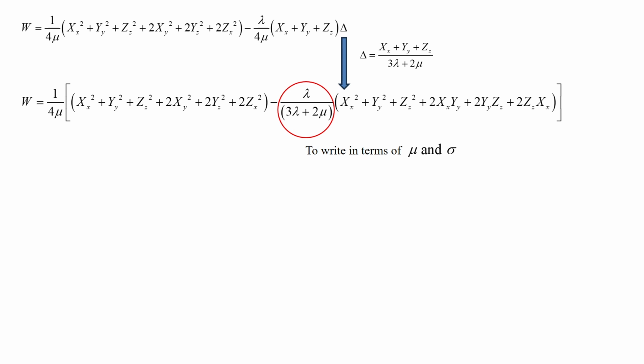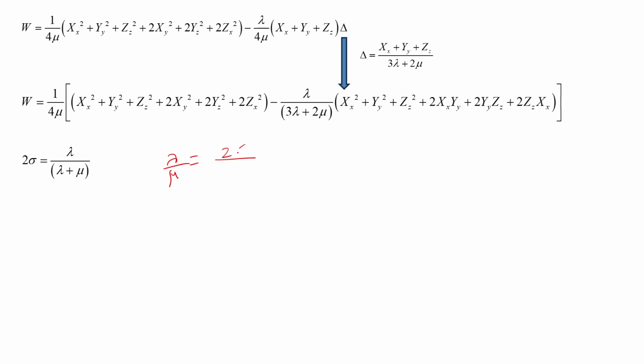We can find out a relation for that. Here, σ (Poisson's ratio) is equal to λ by 2(λ plus μ), so λ by μ will be equal to 2σ by (1 minus 2σ), and therefore λ by (3λ plus 2μ) will be equal to (λ by μ) by (3 into λ by μ plus 2).